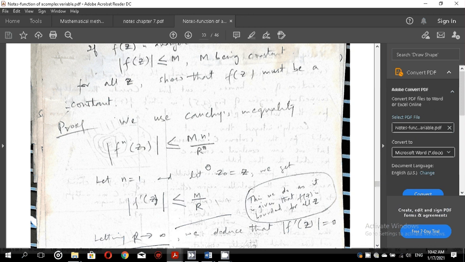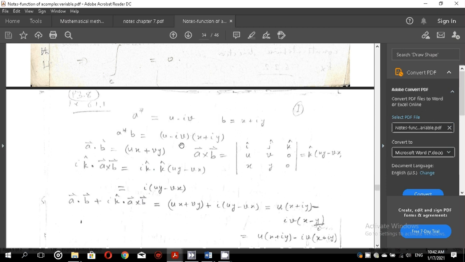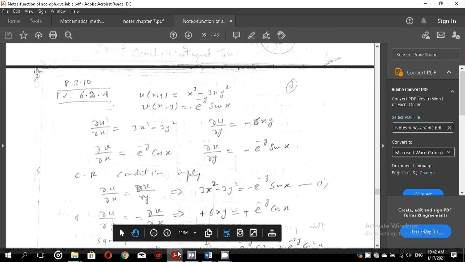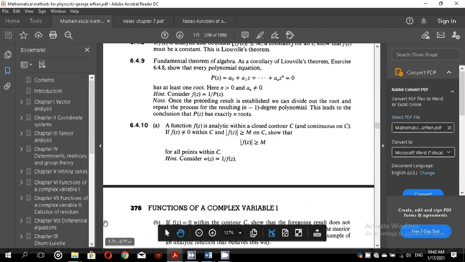Okay, so if R tends to infinity, obviously the first derivative will be equal to 0, which means that f of z will be constant. So this is a very important and useful exercise I have discussed now, and the rest of the exercises you can find the solutions given on these pages.